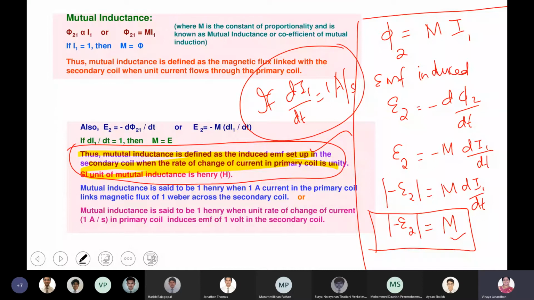Boys, have you copied? So shall I go for deriving an expression for mutual inductance, an important derivation as a 3-mark question? Shall I go for it?